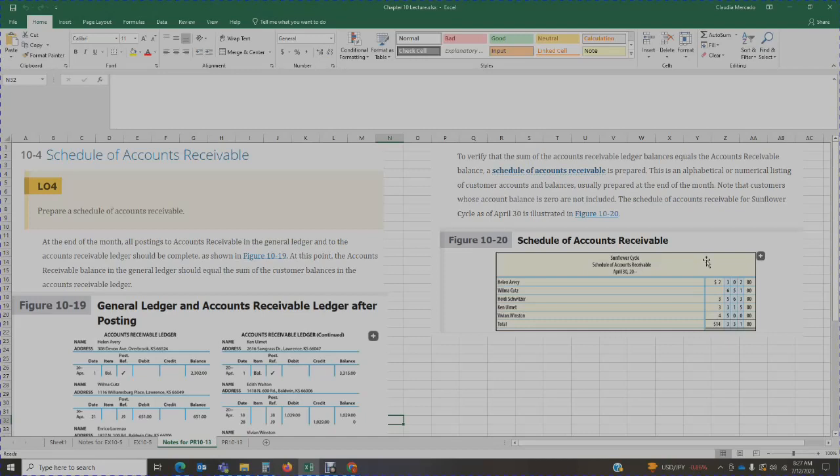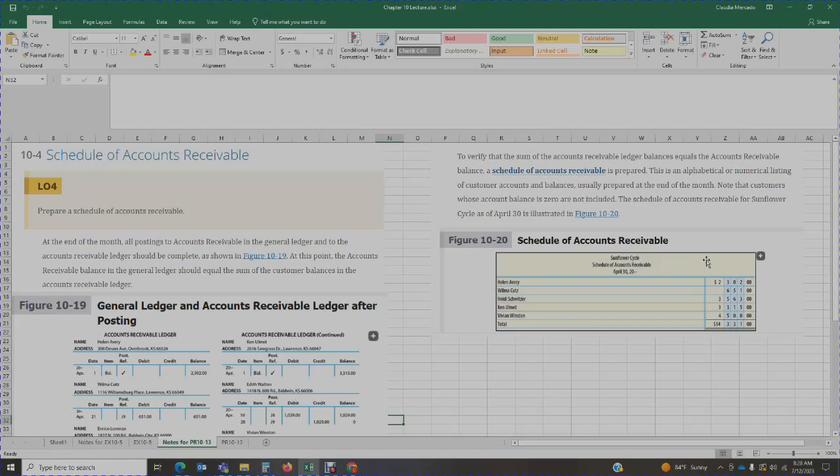Management, of course, is going to ask additional questions. Hey, I see that Ken has been on the list for 10 months. How old is the receivable from Ken? Additional information can be asked, or you can include additional information on your schedule of accounts receivable if you want.